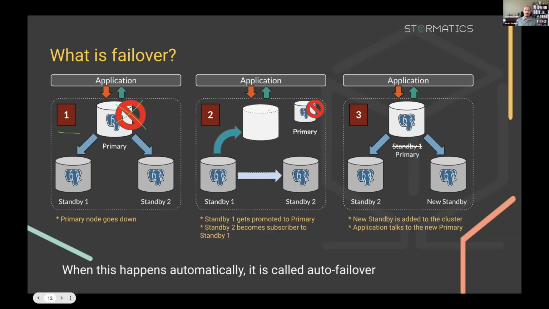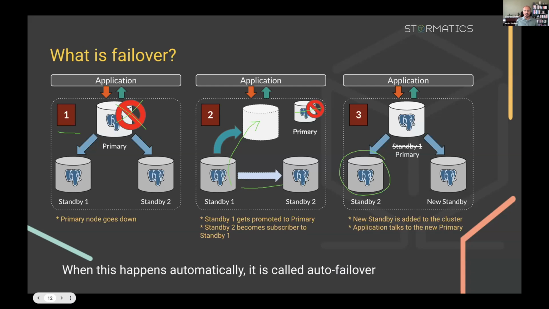What it does is remove the primary from the cluster. It promotes one of the standbys to become the new primary, and it sets up the other standby to become, well, the primary standby for the cluster.